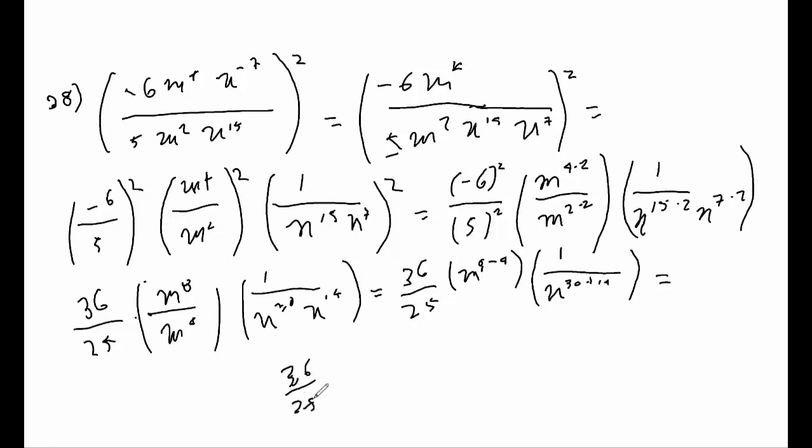36 over 25, so n to the 8 minus 4, so that's going to be m to the 4, and then on the bottom times 1 over n to the 44, and I'll put it all together in one quotient situation. 36 m to the 4th over 25 n to the 44.